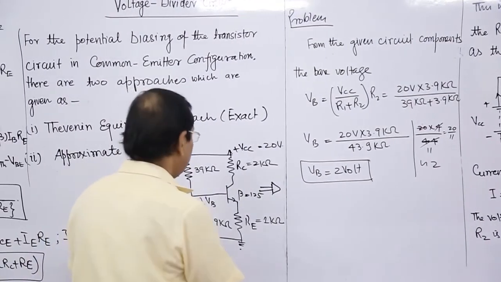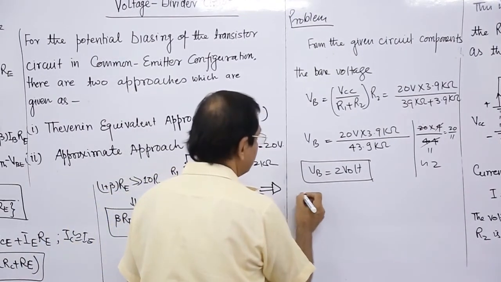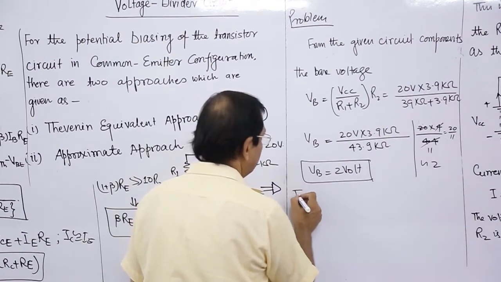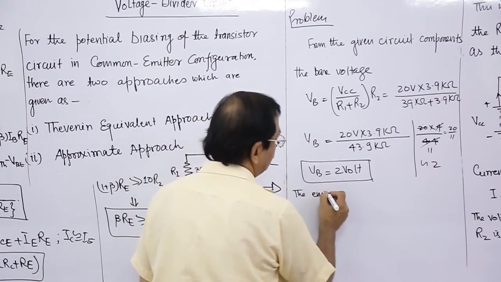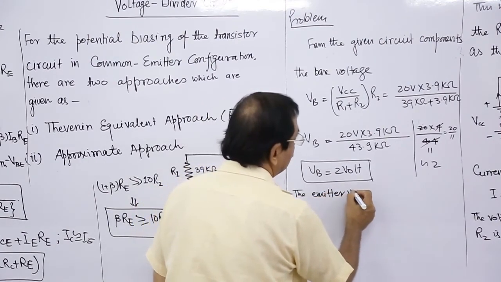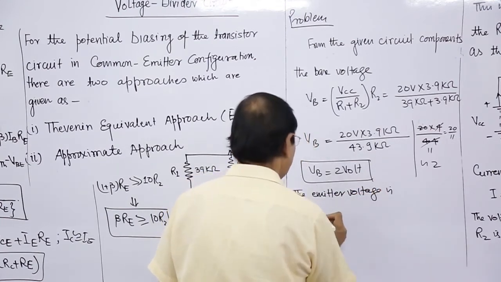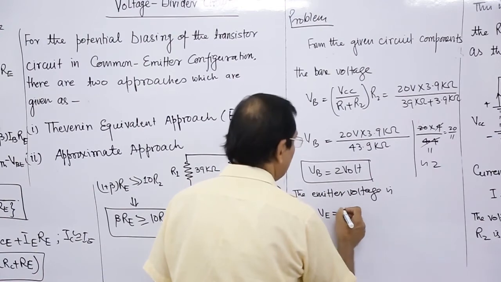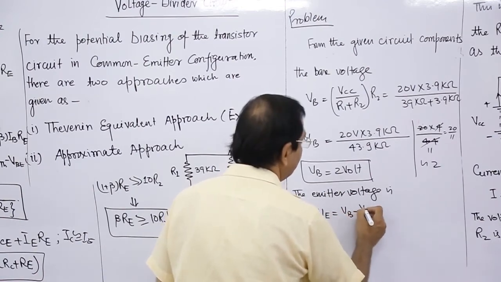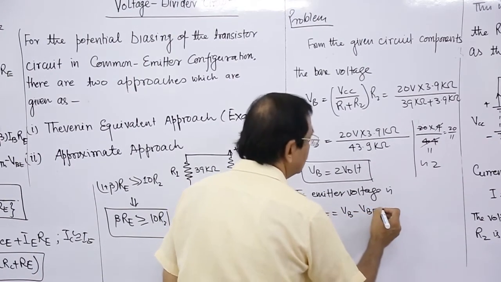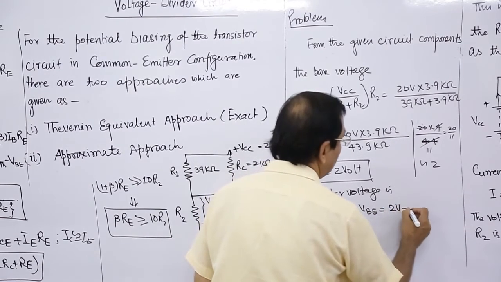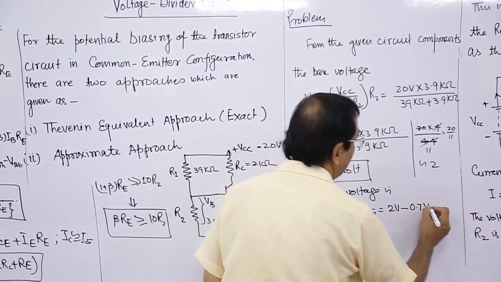Now the emitter voltage VE is equal to VB minus VBE, that is 2 volt minus 0.7 volt.